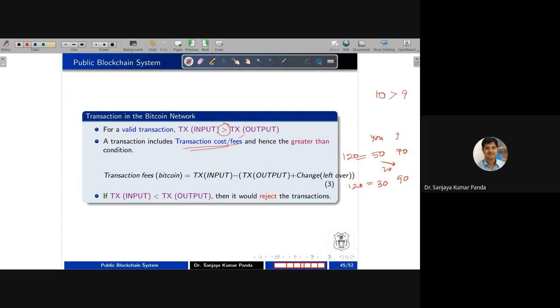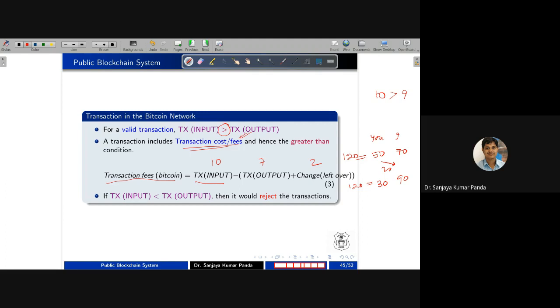So basically, this fee is taken by whom? It is taken by the first miner. So the transaction fee of Bitcoin can be calculated as transaction input minus transaction output plus change left over. Suppose you have 10 rupees, you have spent 7 rupees, and the change left over is 2 rupees.